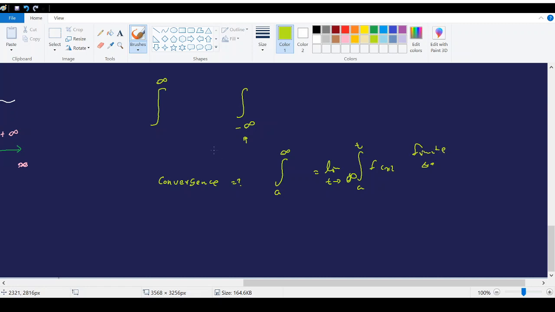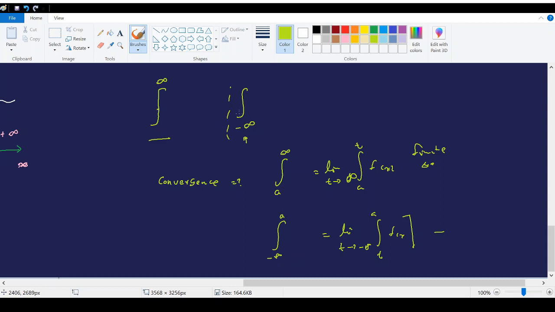we said the improper integral is convergent. And for this one, when you have negative infinity at the bottom and a number at the top, then we define the limit as t goes to negative infinity from t to a. And if this is finite, we say the improper integral is convergent.